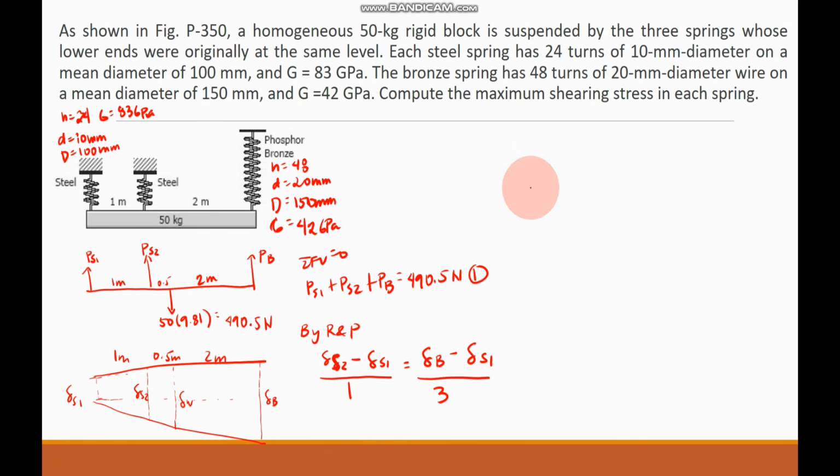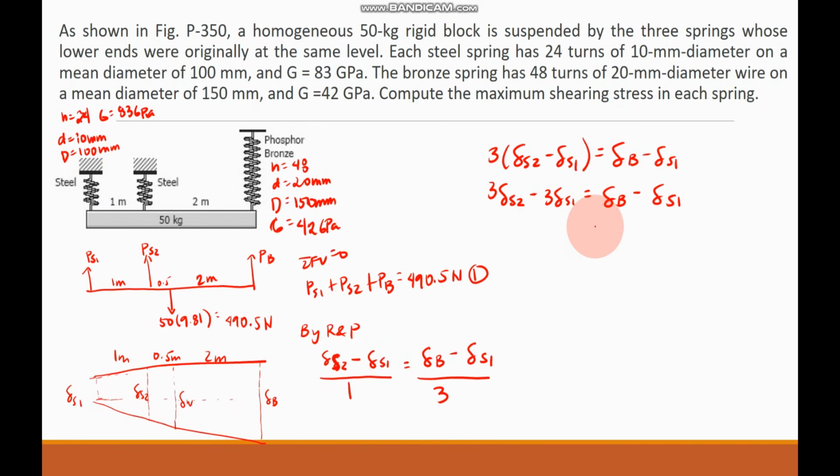So continue po at this part, so magiging 3 the deformation of steel 2, magiging 3 multiplied by the deformation of the steel 2 minus 3 deformation of steel 1, deformation of bronze minus the deformation of steel 1.